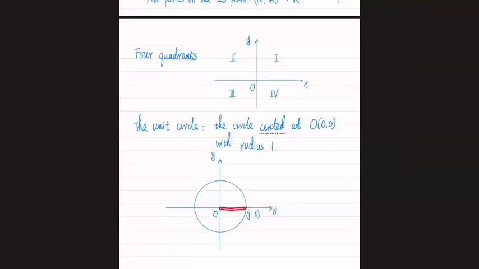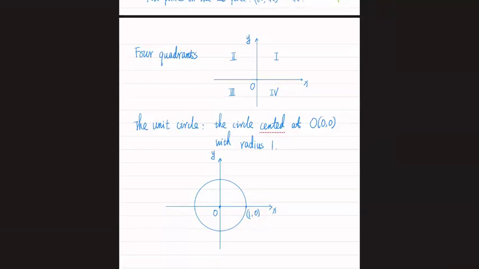The radius is 1, so the x coordinate is 1, y coordinate is 0. Kira, what about this one? Okay, Aaron, what's that? Y equals 1 and x equals 0. So this will be 0, 1. Compare 1, 0 and 0, 1. You can see the order matters here. If you change the order, you go to a different point.